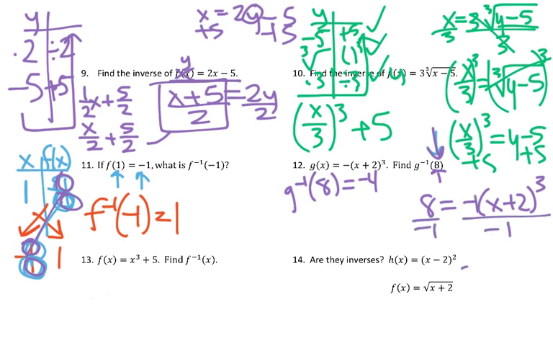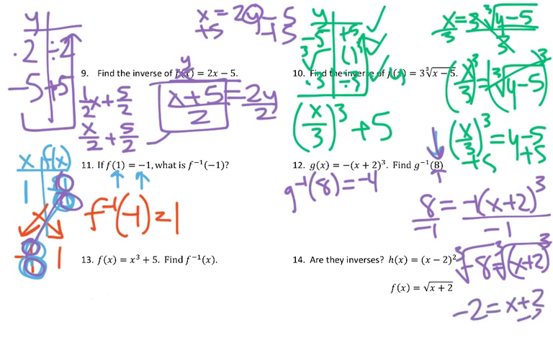The difference is, instead of dealing with an x, you're actually dealing with a number. But you end up with the same exact thing. Okay? But either way works. Sometimes it could be easier doing it one way as opposed to the other.